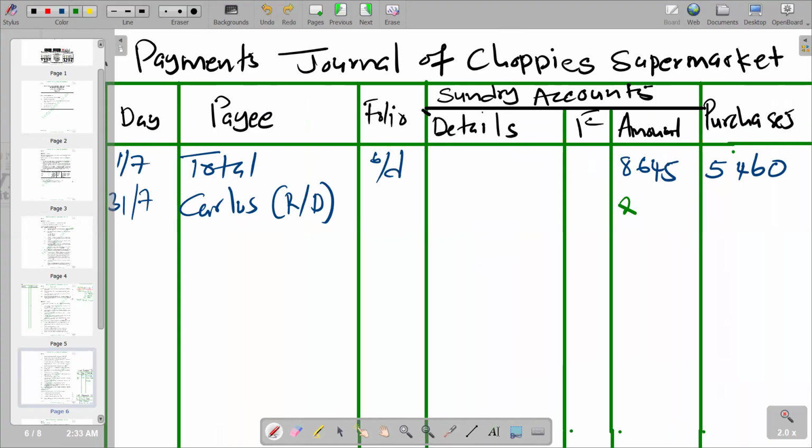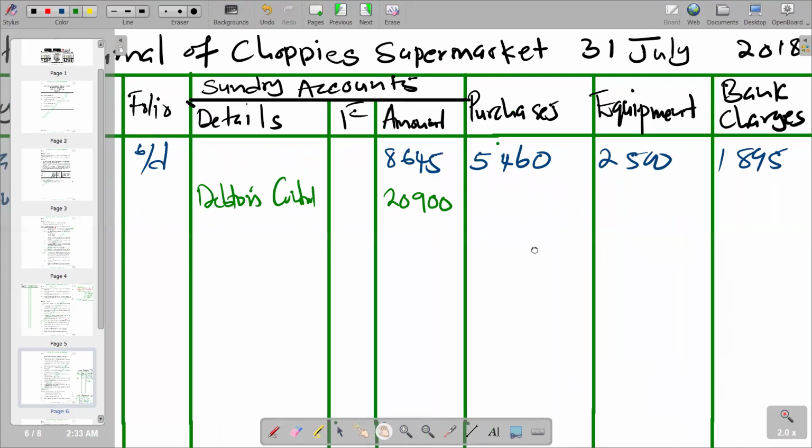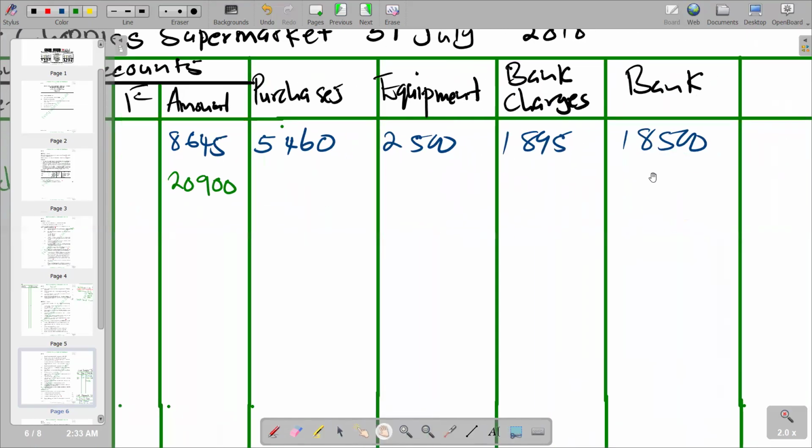And then on the details, we are saying it's a debtors control. And obviously, it has to come under bank. We also put it under bank. So this is what we did.